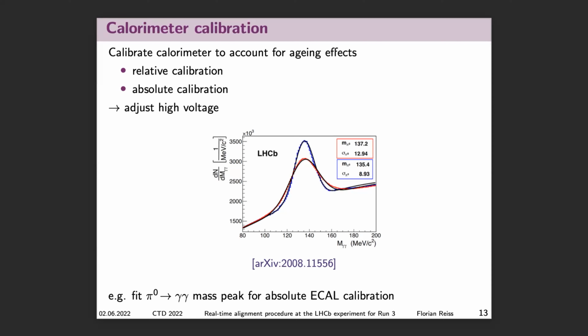One example is the absolute calibration of the electromagnetic calorimeter using the pi0 to photon case, where we look at the photon pair invariant mass and the pi0 peak, as shown here in blue. In red you can see the distribution before calibrating the ECAL, which is quite broad, and then you can adjust the high voltages and get a better result for the pi0.